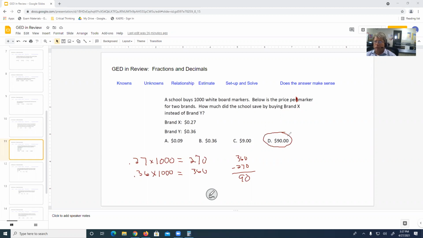So that one, estimate doesn't really even come into play, because by the time I do the math, the math is already there and we're there. So on that one, picking up on the knowns here, they have to be multiplied together to find some new numbers, and then these new numbers help us find the unknown of how much we saved.